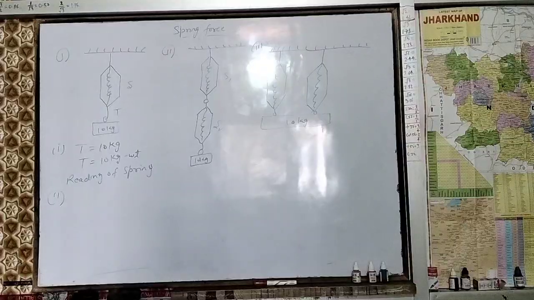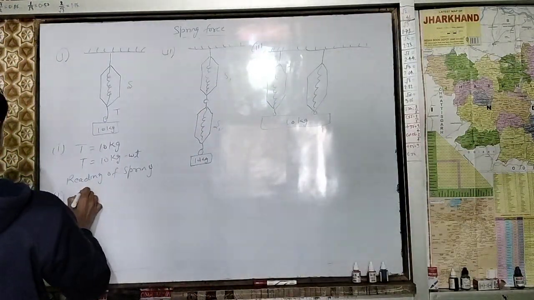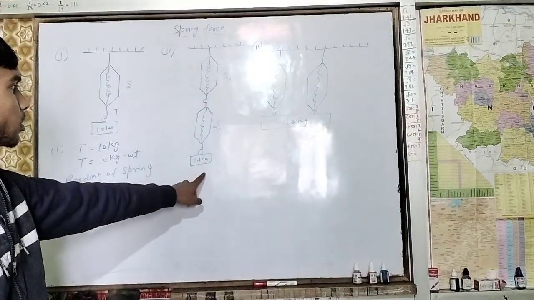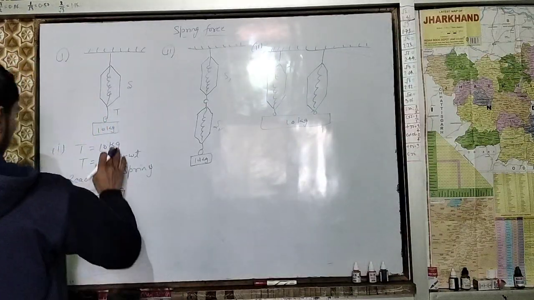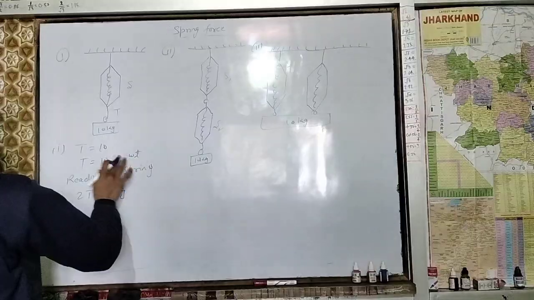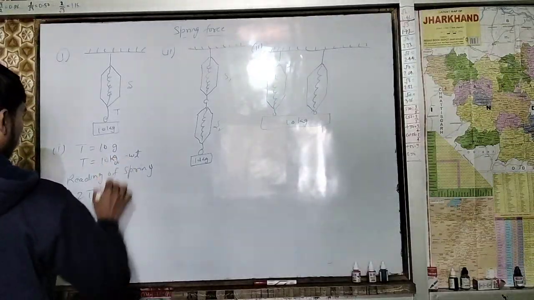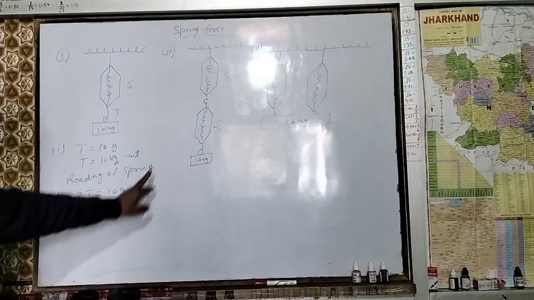So for the second, you are getting 2T, T1 and T2. So 2T will be equal to 10g.